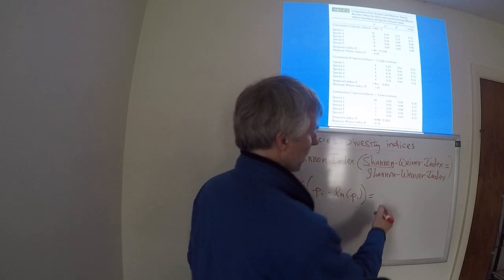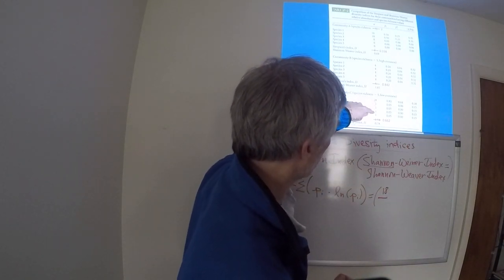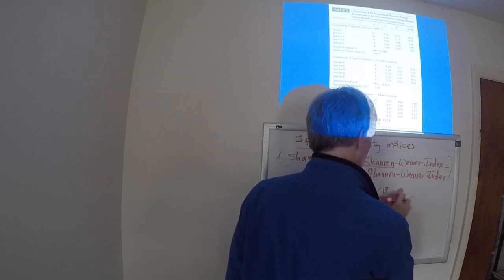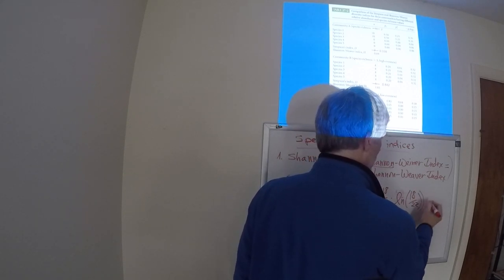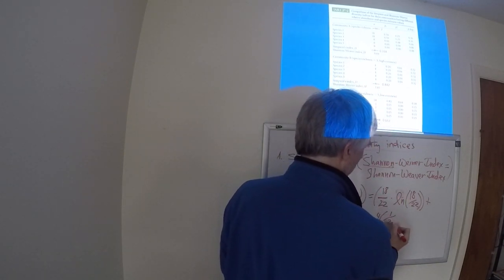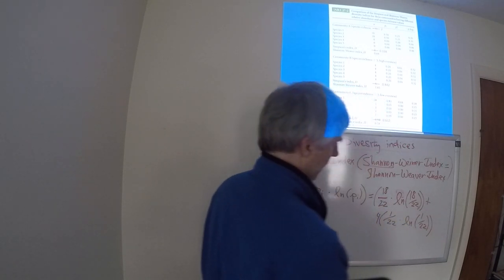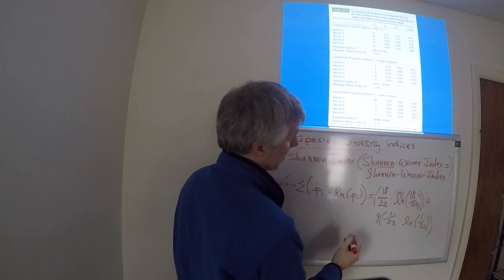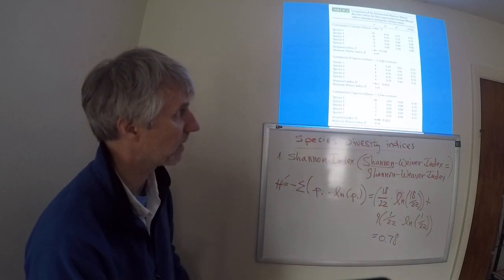With this last community, we would have 18 over 22 times the natural log of 18 over 22, plus 4 species that are 1 over 22 times the natural log of 1 over 22. It looks like when we add all that together, that gives us a value of 0.78.